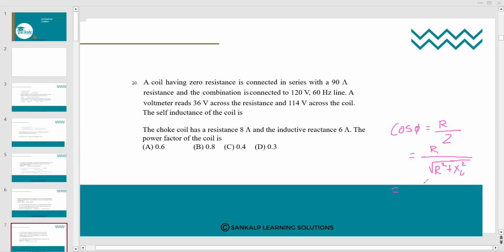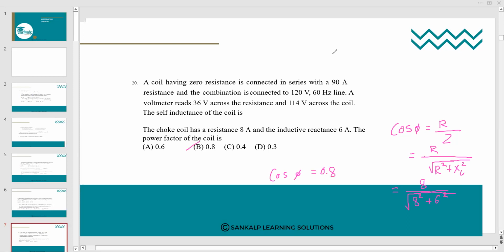So this is equal to R value, 8, divided by the square root of R square plus XL square. R square is 8 square plus the inductive reactance XL, 6 square, under the root. So it is 8 divided by the square root of 8 square plus 6 square. Therefore cos phi is equal to 0.8. So option B is the correct answer.